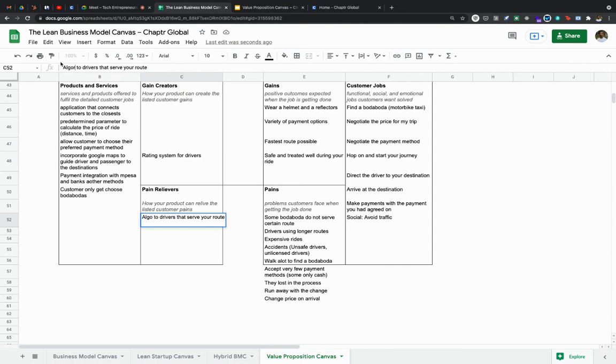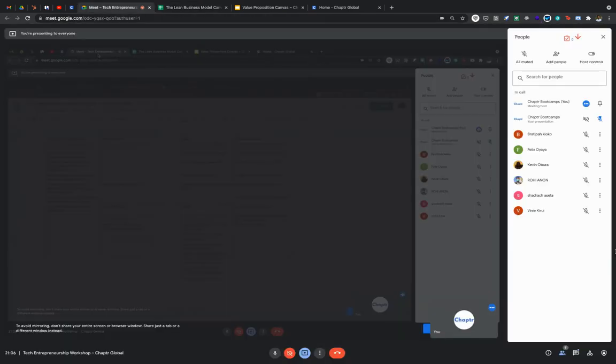Okay, let's go to number 2. Number 2, drivers using longer routes. How will we do this? How do we solve this problem? Let me hear from Vini.